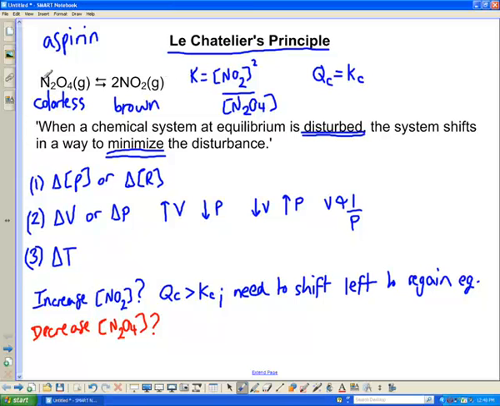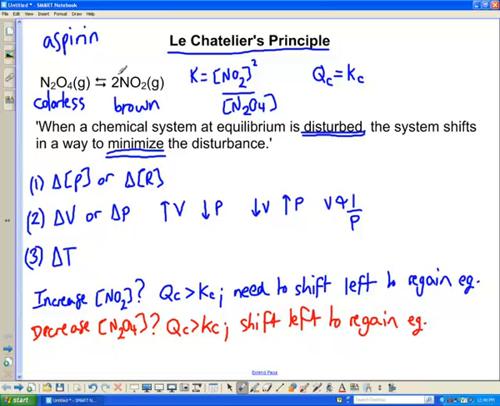Well, I need to make more of that to make up for what I've lost. And the only way to make more of what has been removed is to shift the equilibrium left to make more. This is exactly the same. If this value goes down, my value for Qc is again bigger than Kc. So I have to shift left to regain the equilibrium. All right.